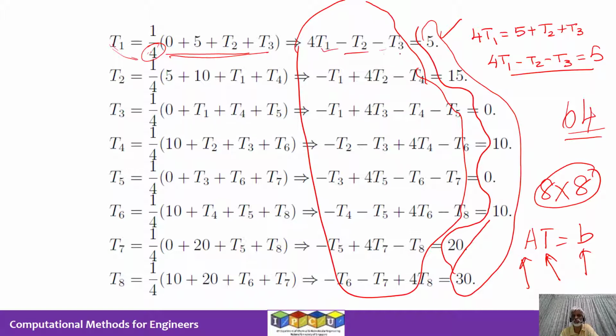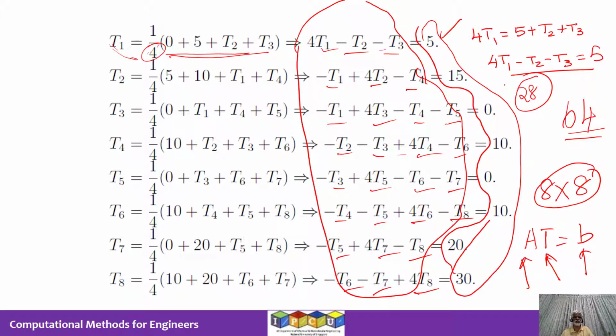So 1, 2, 3, up to 28. So out of 64, there are only 28 non-zero entries in A. So this is again a sparse system, right? Many of the entries in the A matrix will be zero, as is often the case.